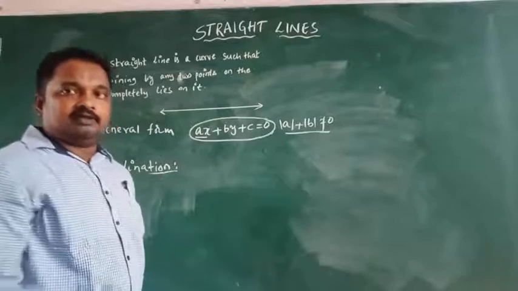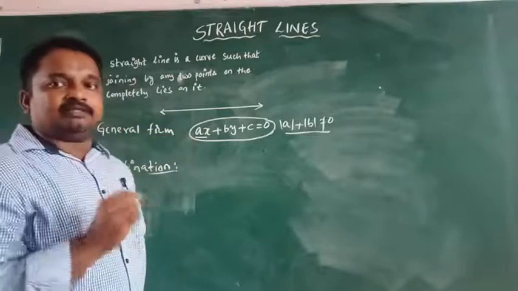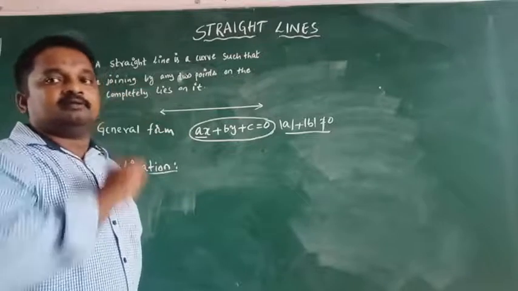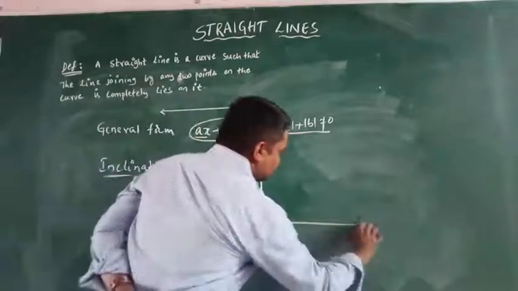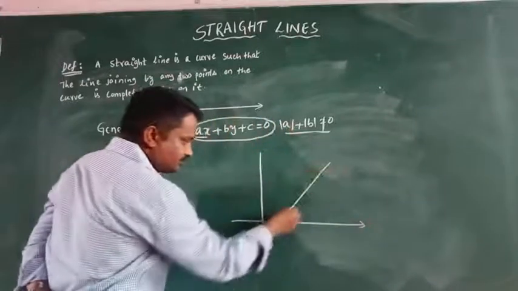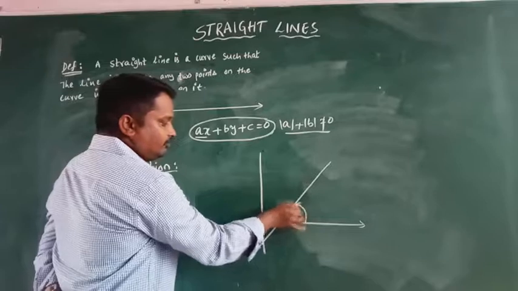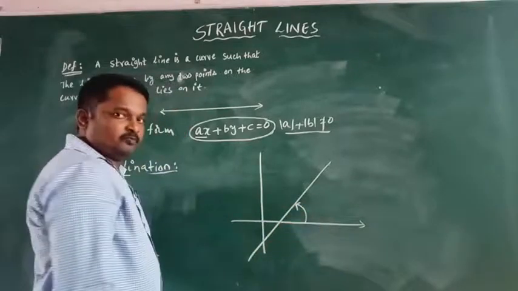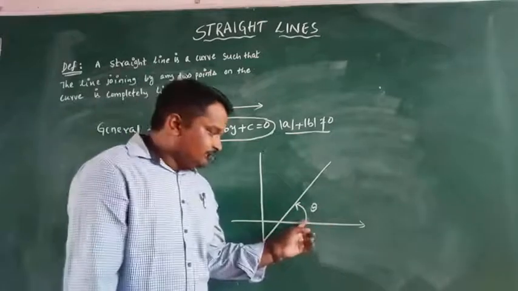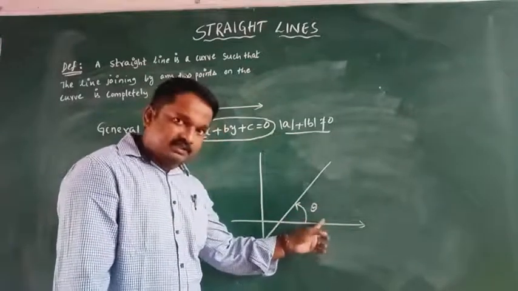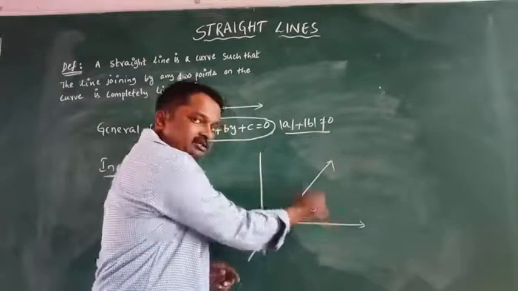Inclination means the angle a line makes with the positive direction of the x-axis. Suppose this is a line, making a positive angle with the x-axis. This is how we represent it with theta, the angle with the x-axis in positive direction. This is called the inclination of the line.